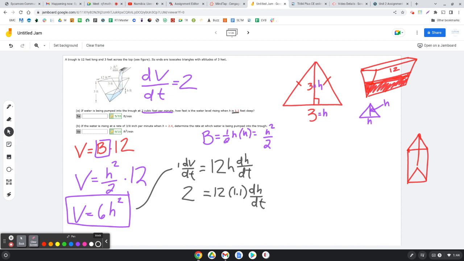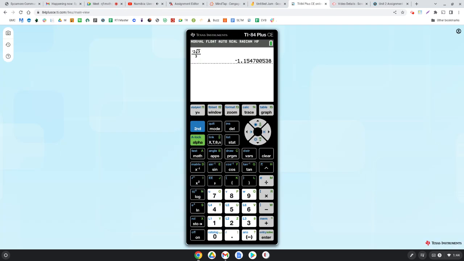So dh/dt is 2 divided by 12 times 1.1, right? 2 divided by 12 times 1.1.